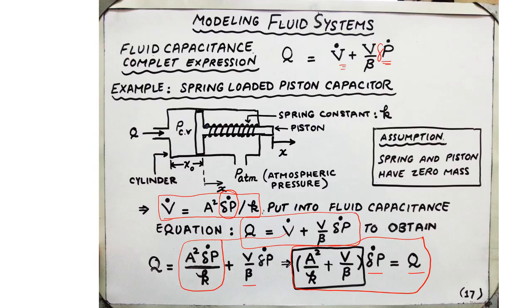In this case, the coefficient of delta P dot is A squared over K plus V over beta. So the fluid capacitance in this case is essentially A squared over K plus volume divided by beta. That is the desired fluid capacitance expression.